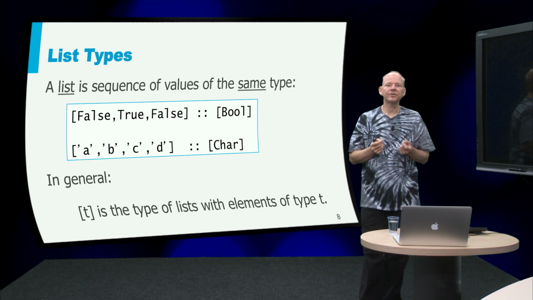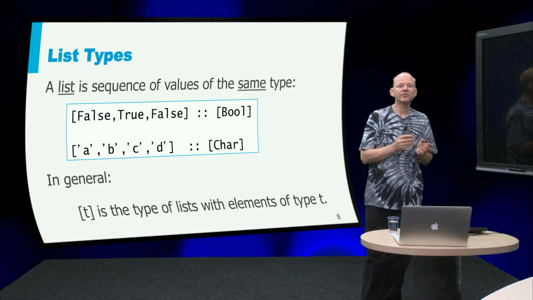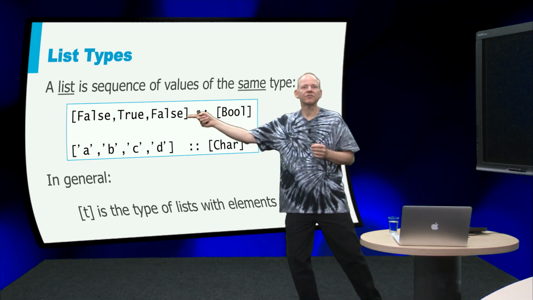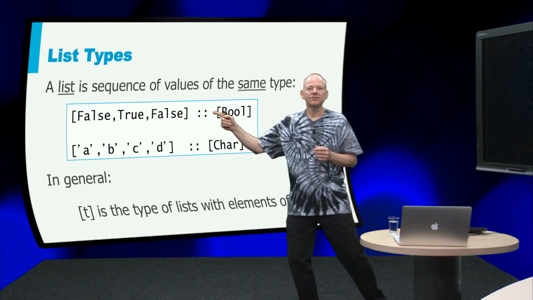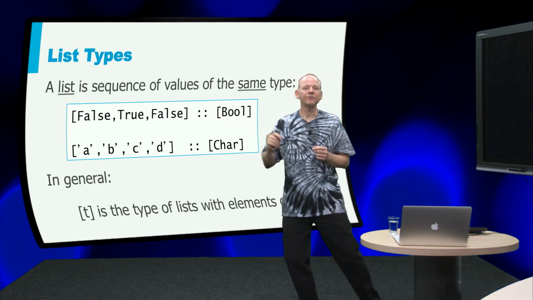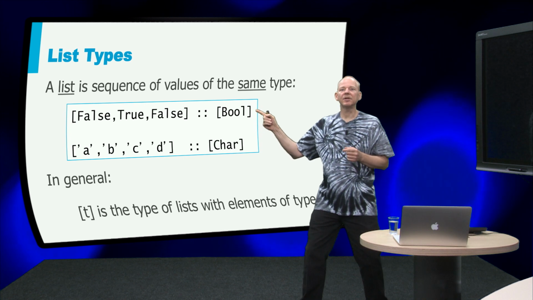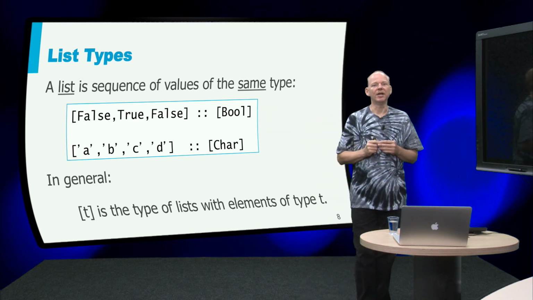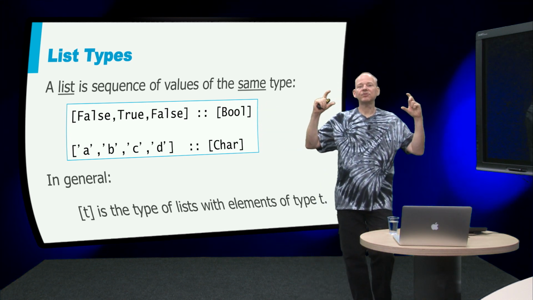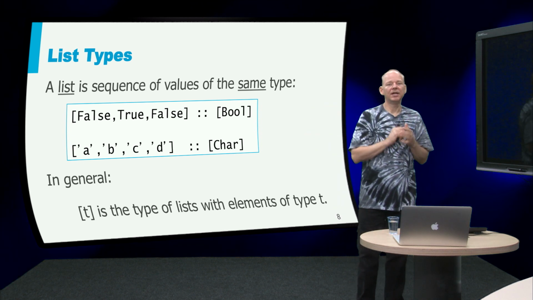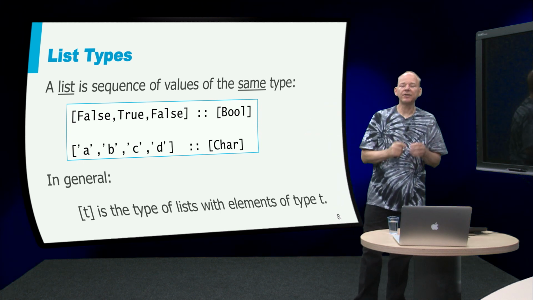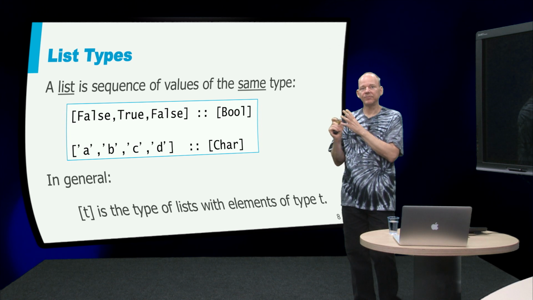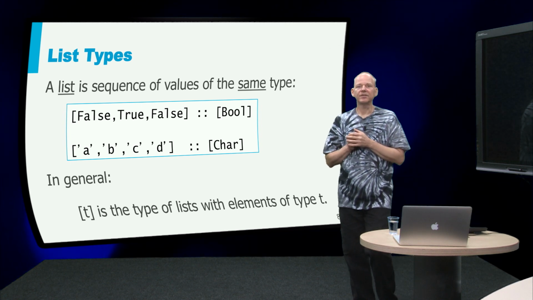One of the nice features of Haskell is that the syntax of values here on the left looks very similar to the syntax of types on the right. So we use the same square brackets to indicate a list of values, and we use the same square brackets to indicate the type.